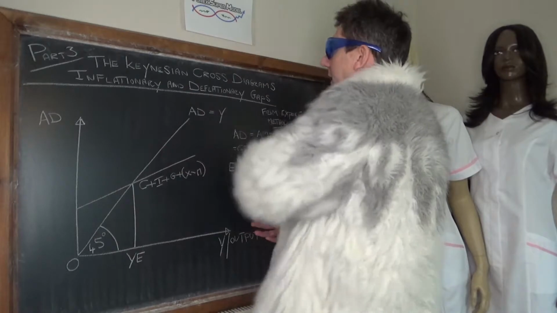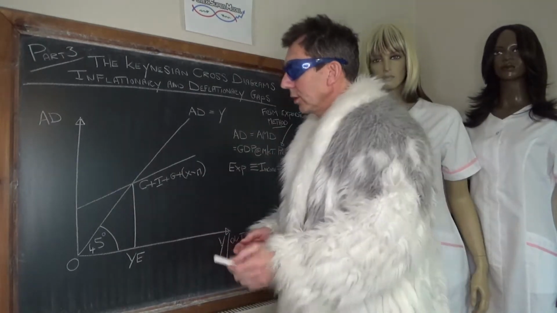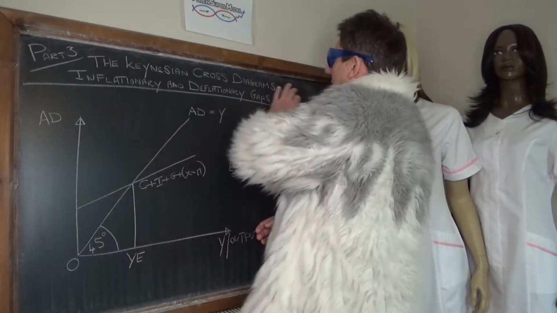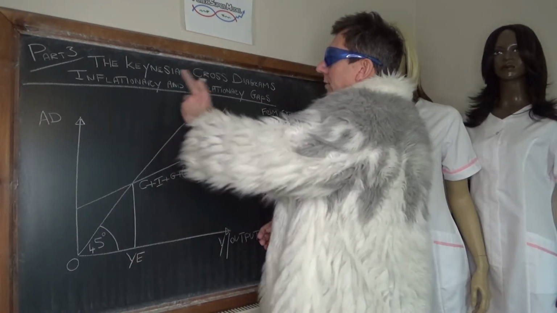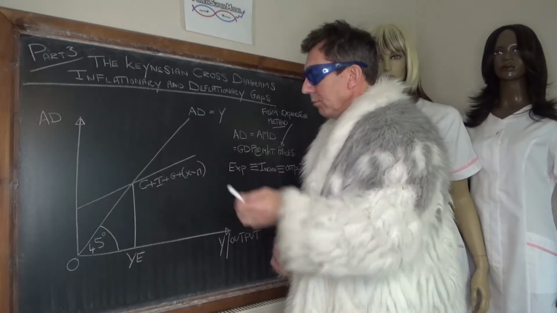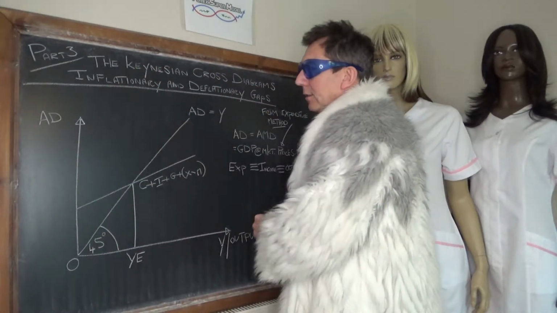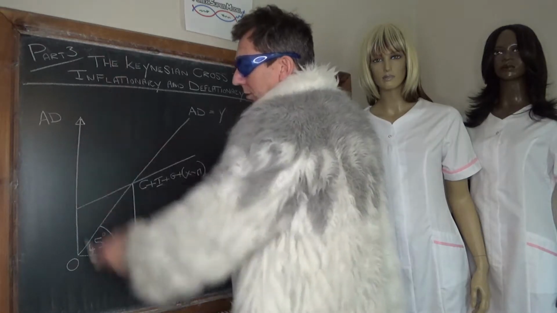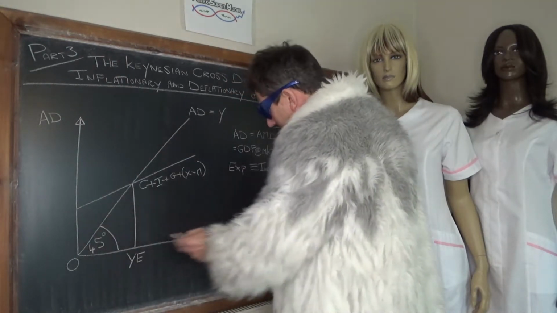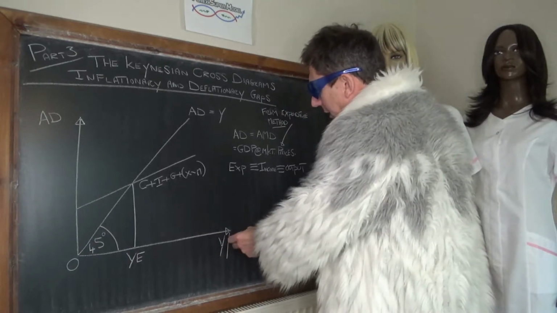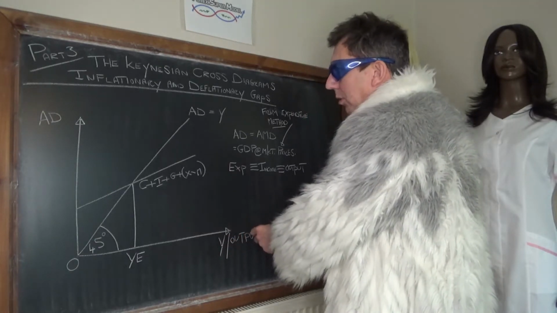Right, here we are then. So part 3, Keynesian cross diagrams. They're called cross diagrams because the lines cross, and therefore that's the basic reason. Inflationary and deflationary gaps, then we'll move on to those in a minute. But basically we've drawn up here this idea of AD, aggregate demand on the vertical index, and along the horizontal index we've got Y for income, and we know that income identifies with output.